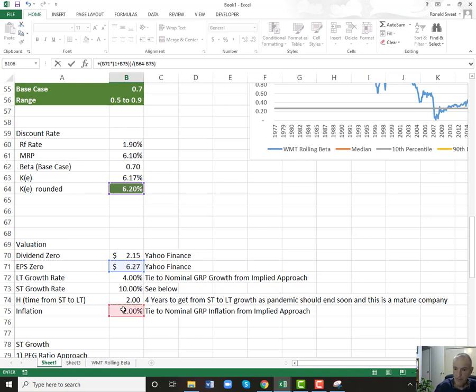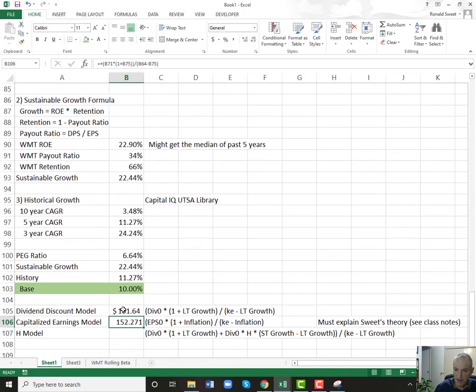I actually hit the H instead of inflation rate, but inflation rate. And there we have 152. What I like about this model is, I think one thing with Walmart is I don't think their dividends really reflect their true free cash flow, so I think it understates what they're worth. I actually think in this case capitalized earnings works pretty well because I think Walmart's a very mature company. So I like that model.